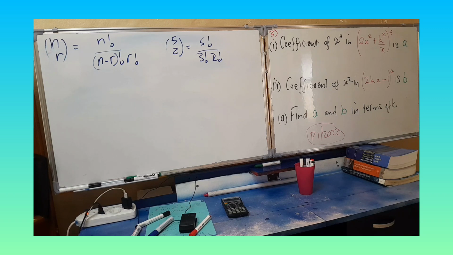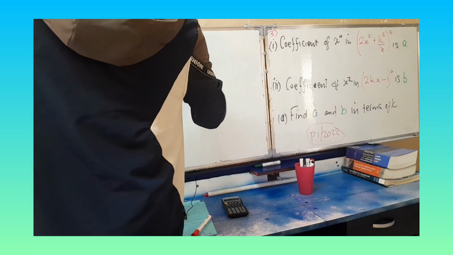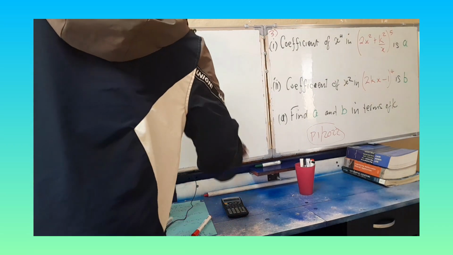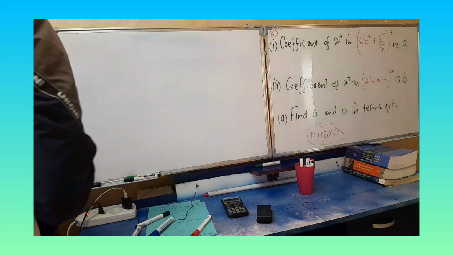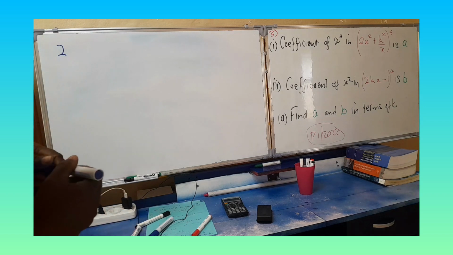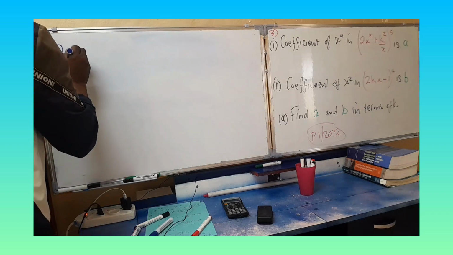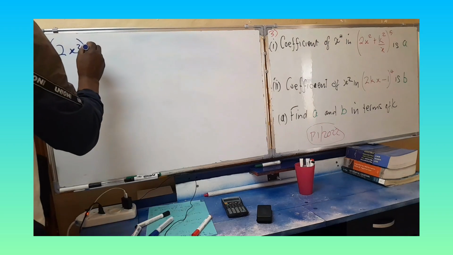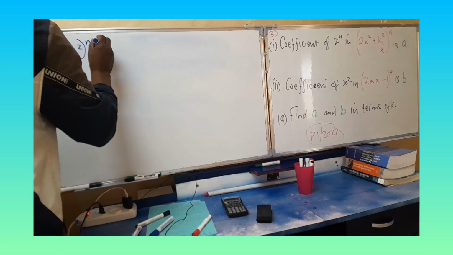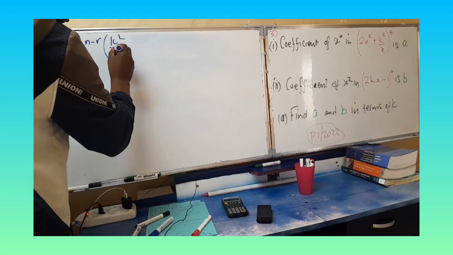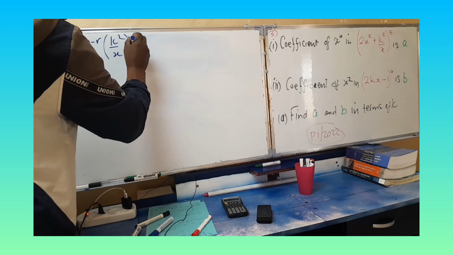Now, obviously, a general term in the expansion of that binomial expression will be 2x squared, which represents our a, 2x squared raised to the power n minus r, multiplied by k squared over x raised to the power r.